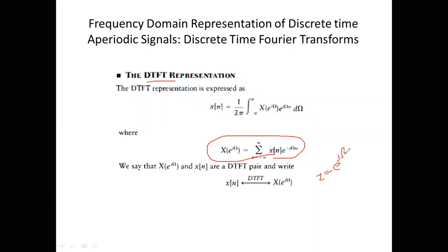The DTFT is nothing but your Z transform, where your Z is replaced by e to the power j omega.